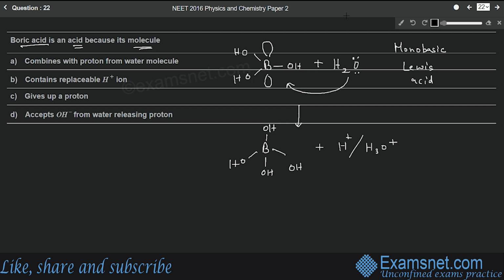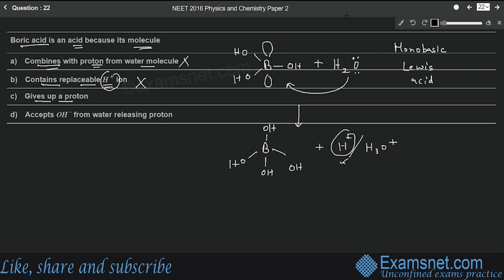Okay, now the first option is that it combines with proton from water molecule. No, it does not combine with proton. It takes OH minus ion. Okay, and it leaves the proton. Now the second option says contains replaceable H plus ion. No, the H plus ion is not replaceable here, so this is also incorrect. Third one is gives up a proton. So yes, it gives up a proton, but it does so only after receiving OH minus ion.